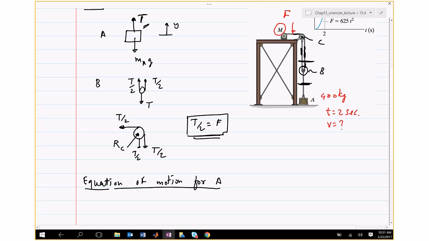For A, there is T acting upwards, mass times gravity acts downwards, and then there is mass times acceleration acting upwards.